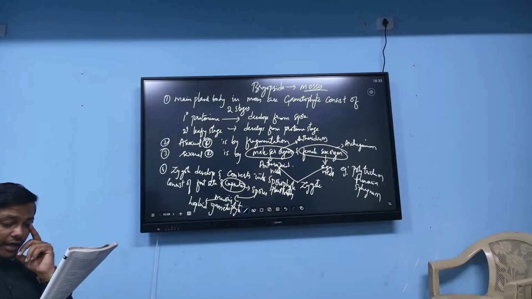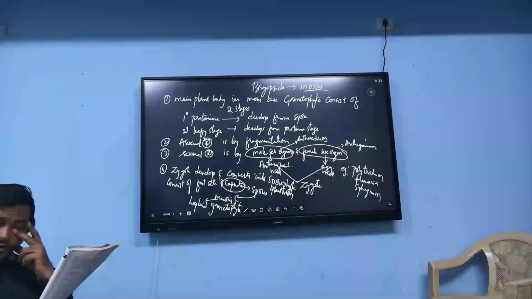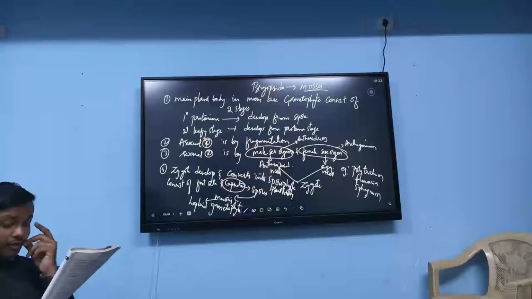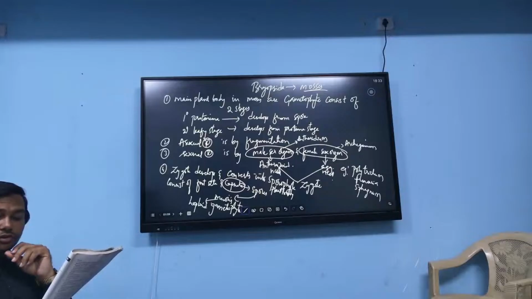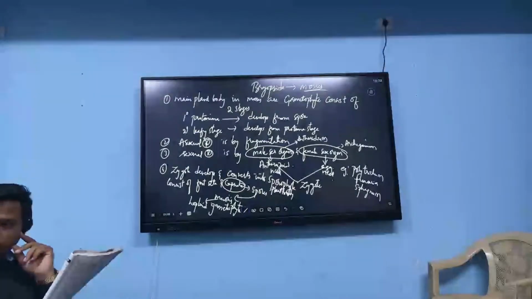Which character is not found in bryophytes? You are able to see archegonium. Yes, we are able to see motile antherozoid. Water is required for fertilization. Produces cones or strobili? No, it is not the character of bryophyte.